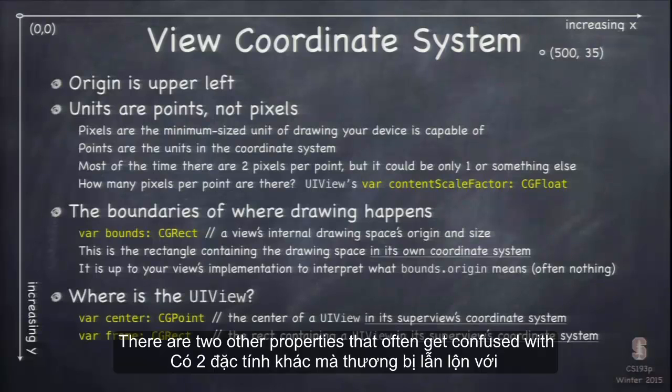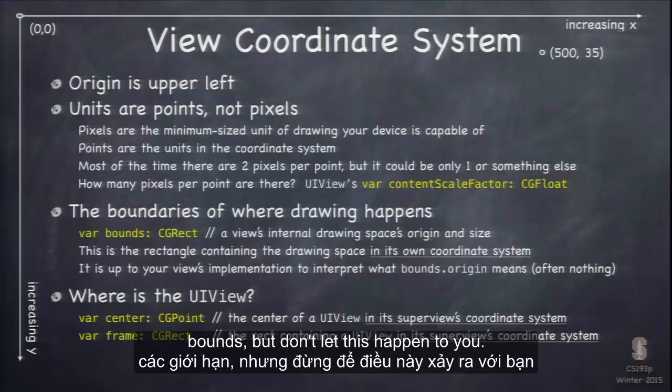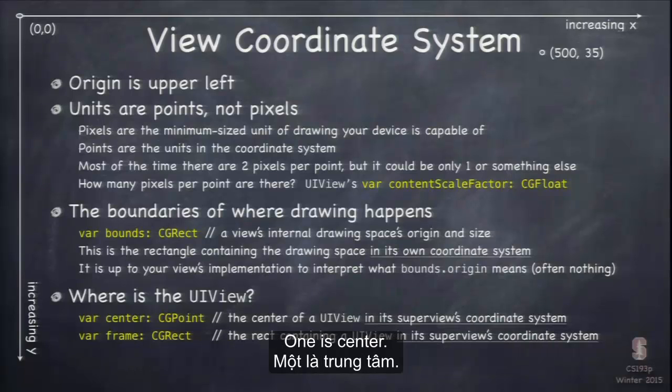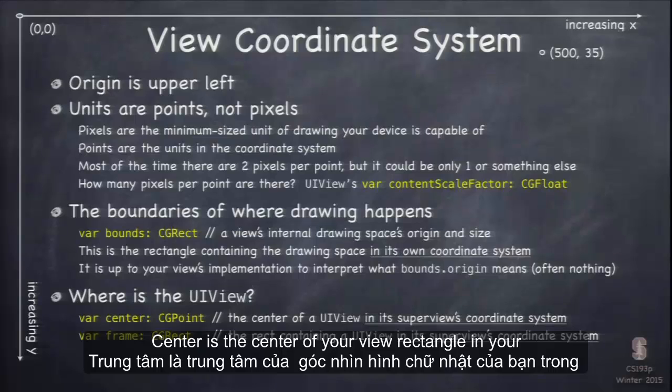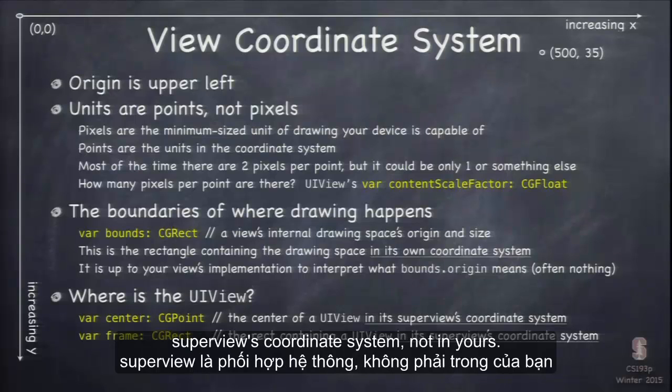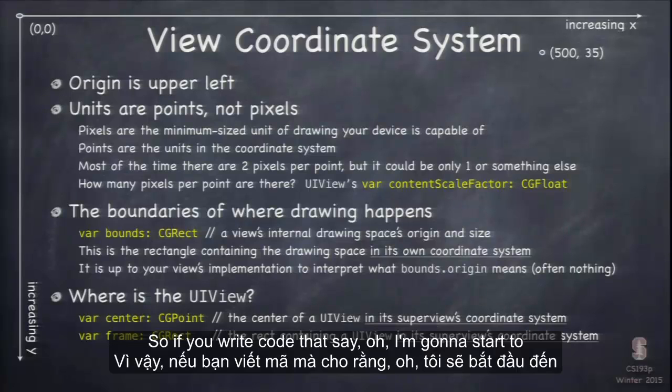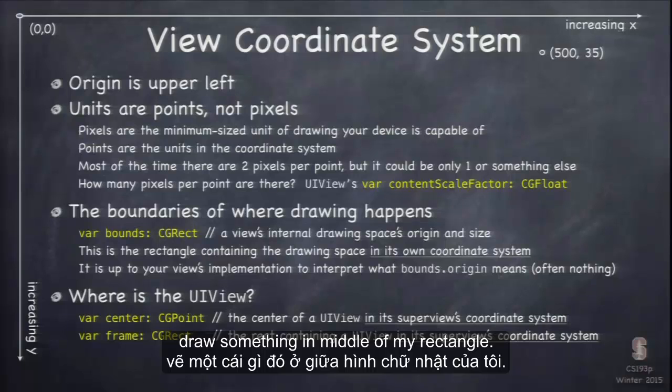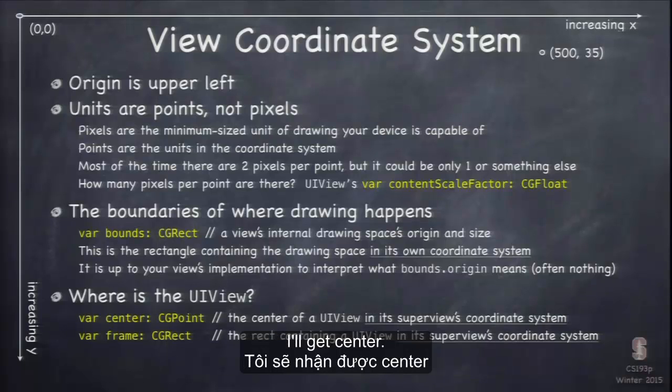There are two other properties that often get confused with bounds, but don't let this happen to you. One is center. Center is the center of your view rectangle in your super view's coordinate system, not in yours. So if you write code that says, I'm going to start drawing something in the middle of my rectangle, I'll get center, that's wrong.